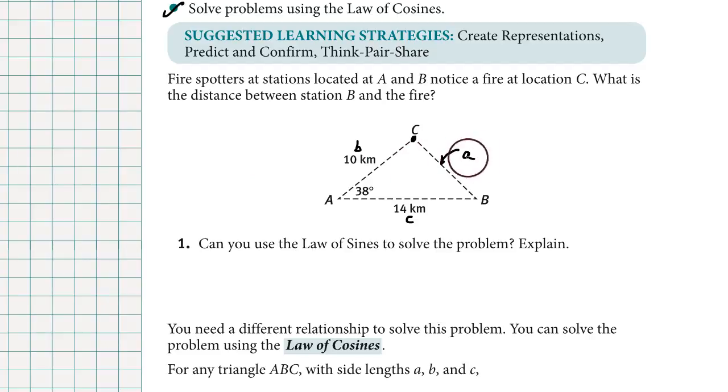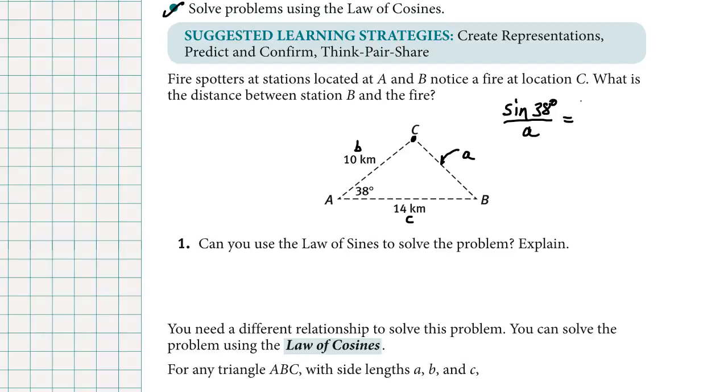If we want to solve for lowercase a, our proportion would have to have the letter A in it. And so we could say the sine of angle A, that's 38 degrees, is to lowercase a as, and now which letter should we use in our other fraction? Should we use C or B? Remember that we need to choose a letter where we know numbers for the capital and the lowercase letter.